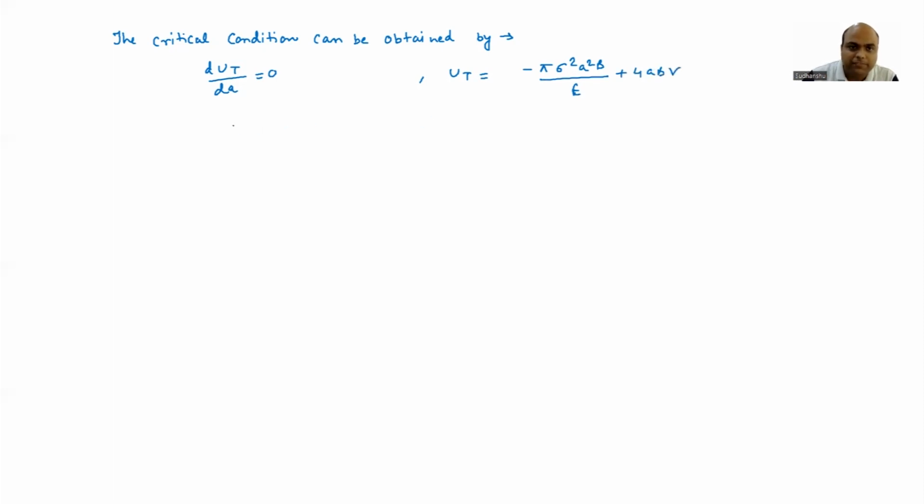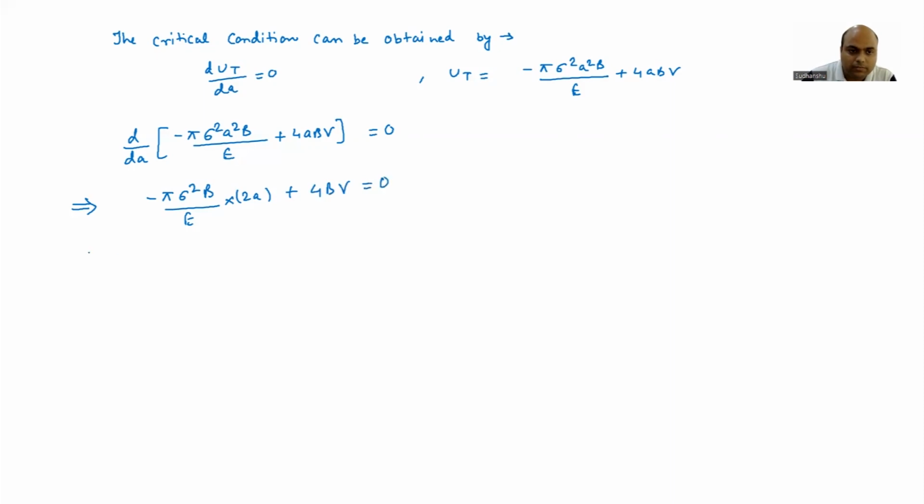Okay. So let's differentiate this. So we have d by dA of minus pi sigma square A square B divided by E plus 4A B gamma equal to 0. Okay. So this becomes minus pi sigma square comes out, B comes out, E comes out, and differentiating A squared, it's 2A. And then here it's 4B gamma equal to 0.